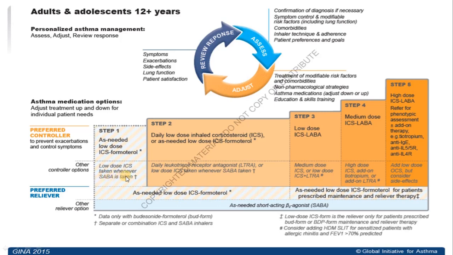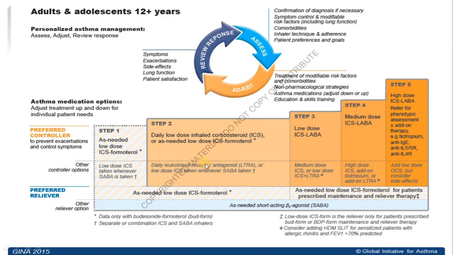This is in step 1, and the reliever is always as needed low dose ICS-formoterol. Step 2, we can do a daily low dose inhaled corticosteroid or as needed low dose ICS with formoterol, and we can add a daily leukotriene receptor antagonist or low dose ICS taken whenever SABA is taken.